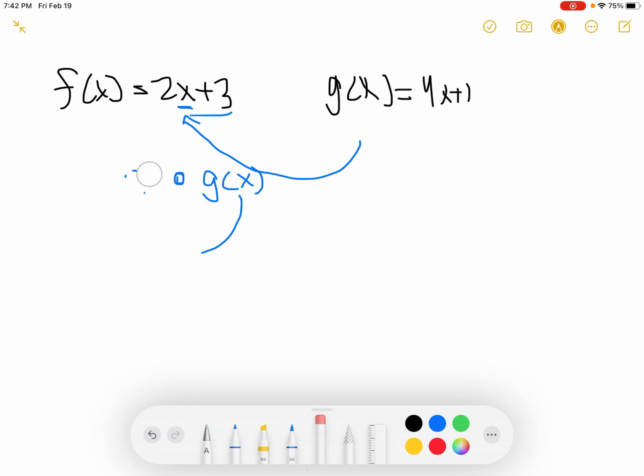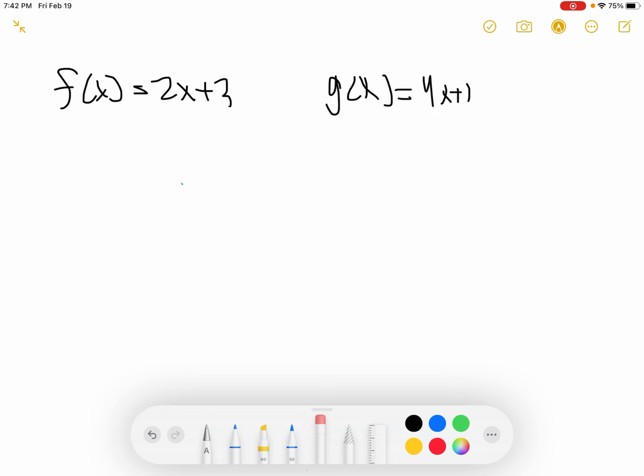Now we need to look at what would happen if we had values put in for that. So let's see. So we still have those.